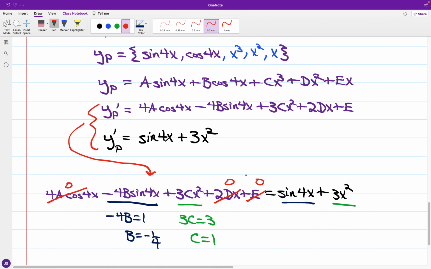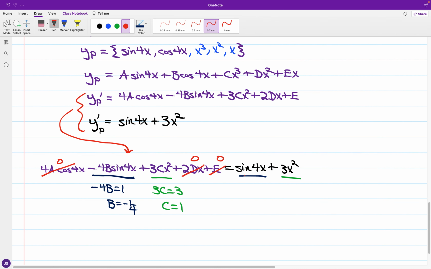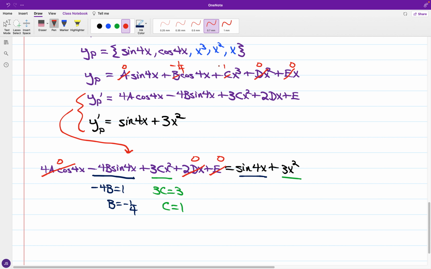In terms of what to do with the values of b and c, if we go back to what we had in the y sub p setup, again a goes to 0, as will d and e. And b we have at minus 1/4, and c we have at 1.